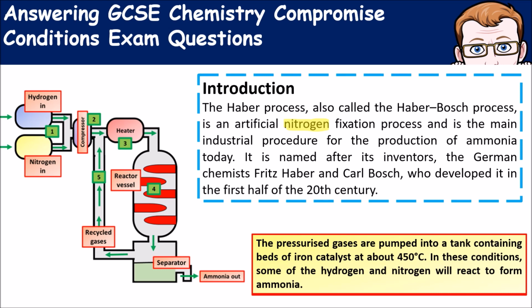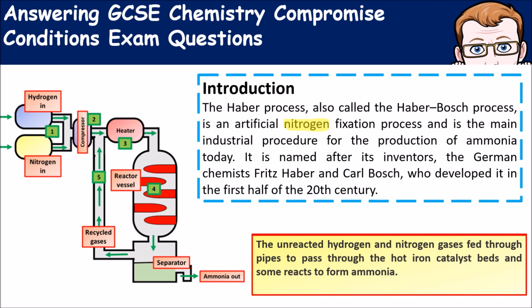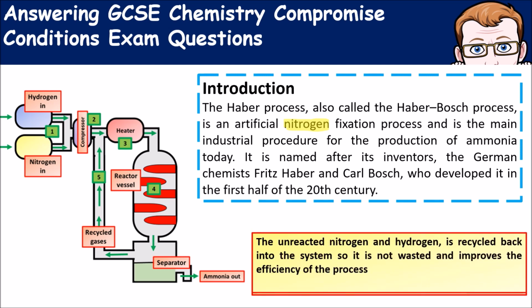These pressurized gases are then pumped into a tank at about 450 degrees, including an iron catalyst. Any unreacted hydrogen and nitrogen are fed back into the heater so they can be reused. That means we improve efficiency because we're not wasting any of the gases.